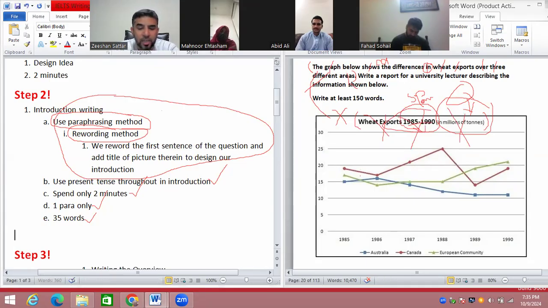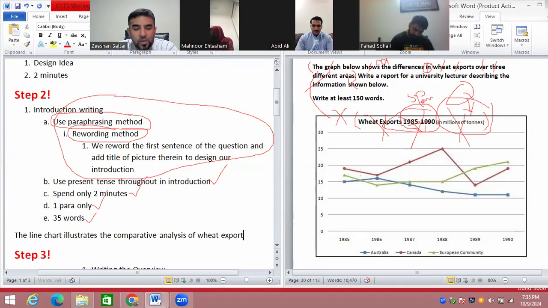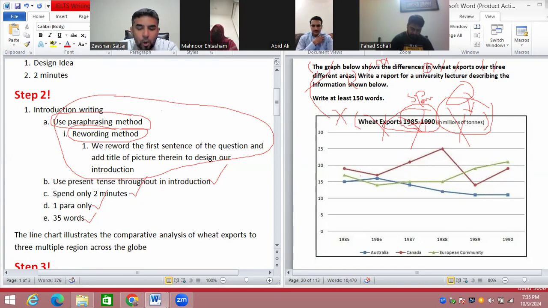So see how I'm writing. The line chart illustrates the comparative analysis of wheat exports to three multiple regions across the globe, full stop.